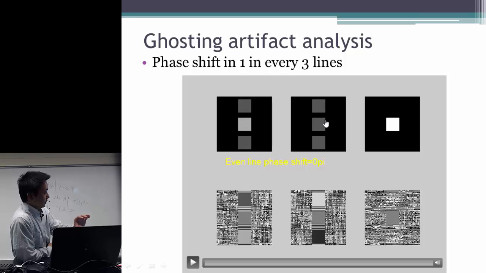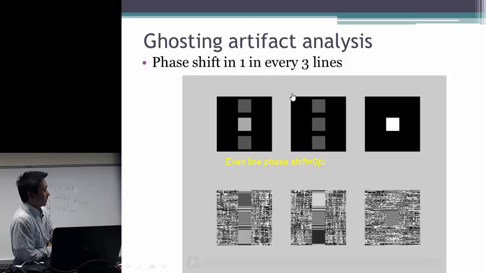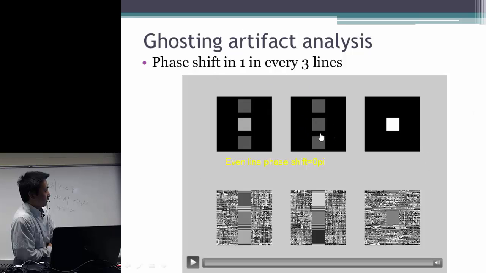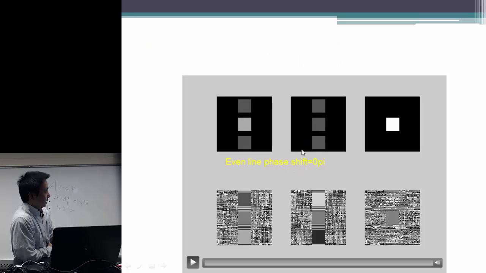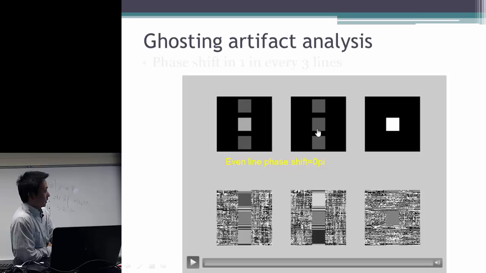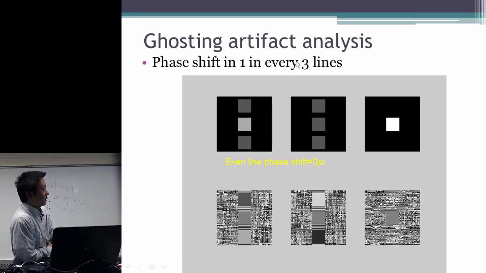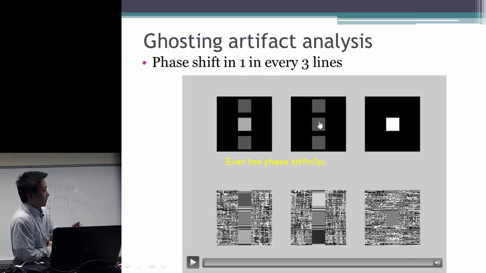So that means the effective FOV of these lines would be 1/3 of the original. So we can see that the spatial frequency of the ghosting is related to this phase inconsistency in the K-space lines.